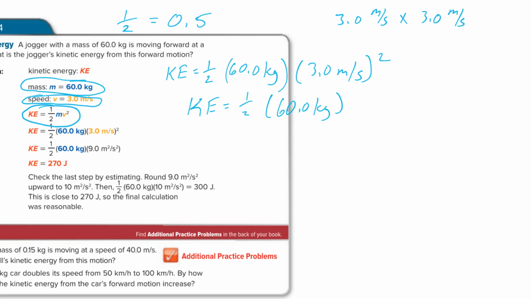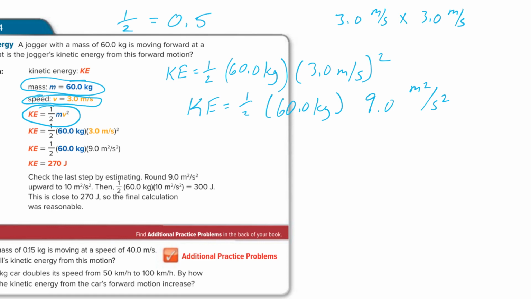So 3 times 3 is 9. And then we have to actually square the meters as well, so you end up with meters squared, seconds squared. And then we just plug the rest of this into your calculator.